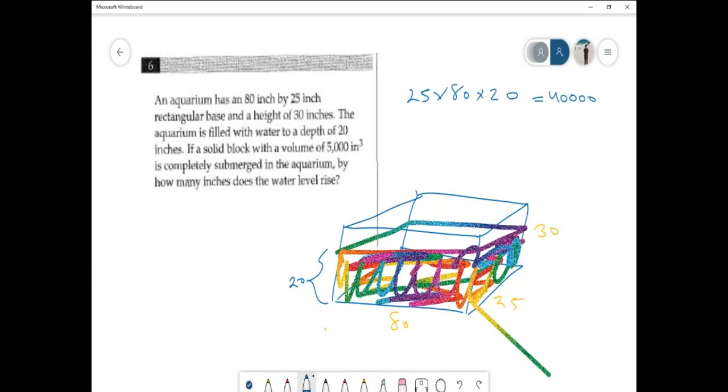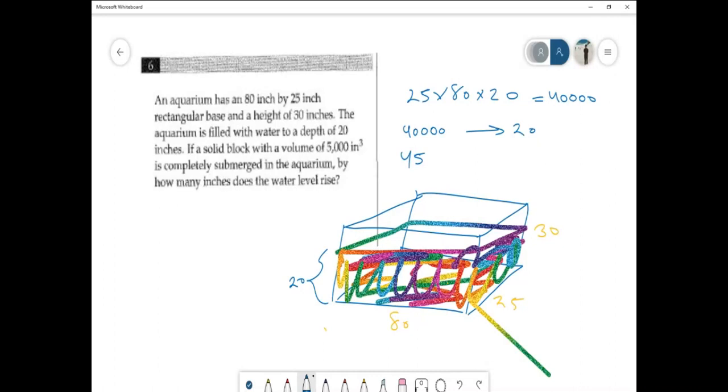20 times 80 times 25 is 40,000. So if 40,000 cubic inches of water makes a depth of 20 inches, how much height will it be if we add 5,000 more to 40,000?